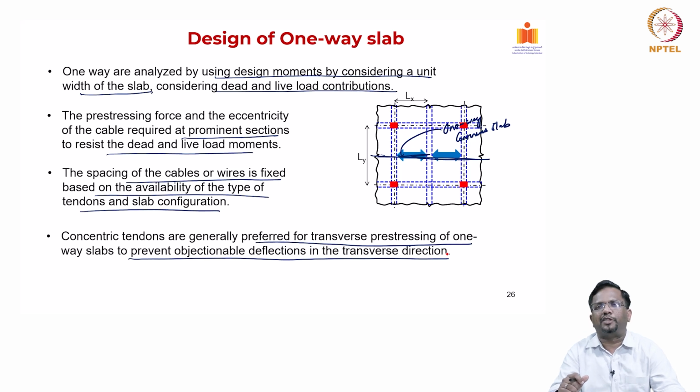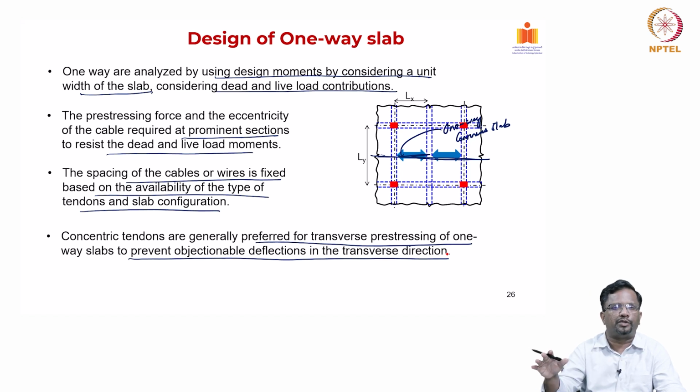So, that has to be designed properly. That is the reason typically we do not change the cable profile, we just try to keep it at the same eccentricity, that is why they are called concentric tendons, right. So, the cable profile does not change, so that we can prevent objectionable deflections in the transverse direction.